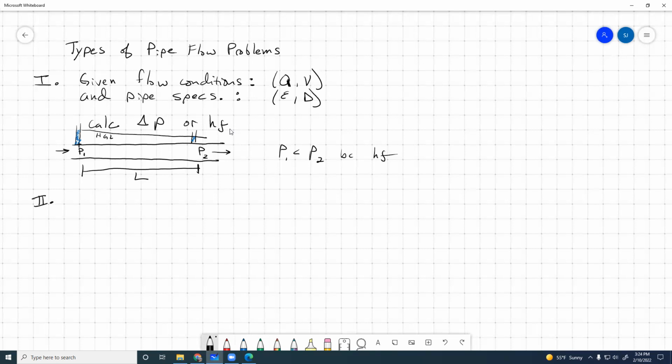A type 2 problem is, given a change in pressure or a head loss and our pipe specs, calculate a flow rate.